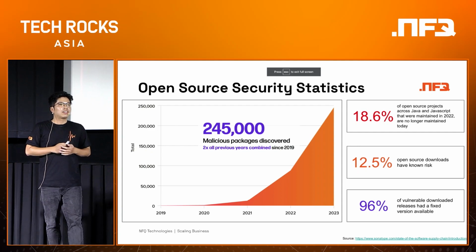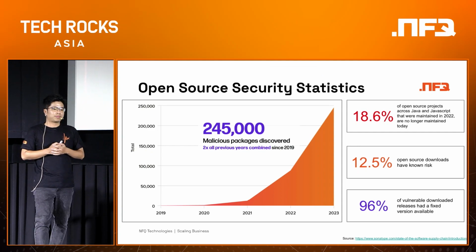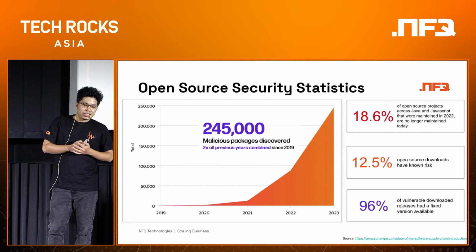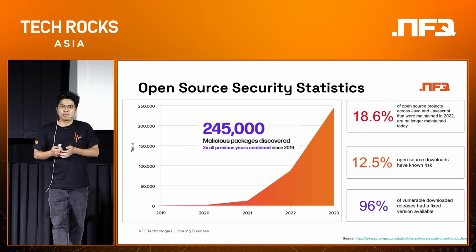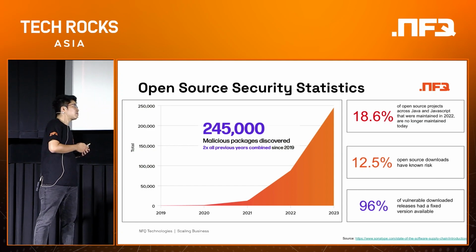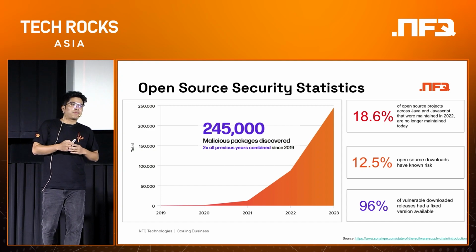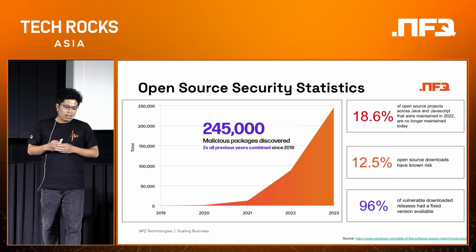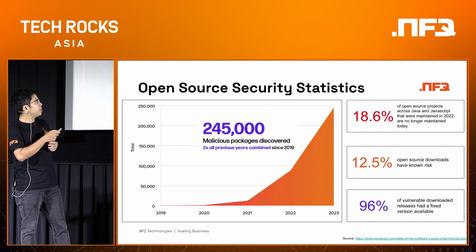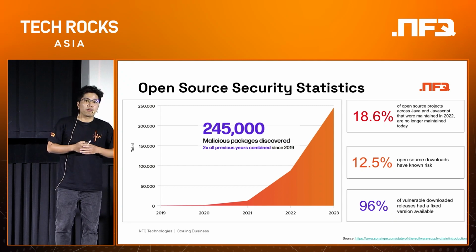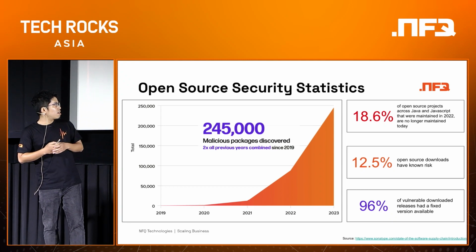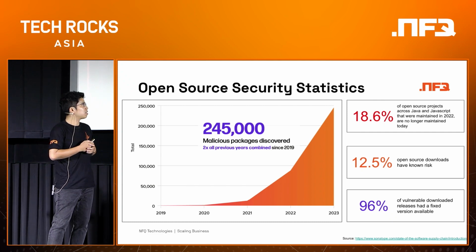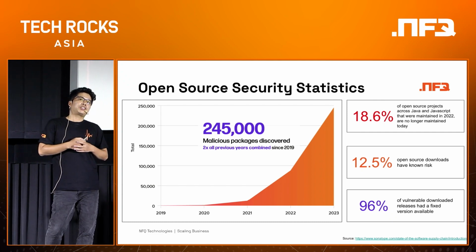Before we start, let's take a look at some numbers. So we all use open source, right? And open source receives updates regularly because the community has access to the source code. However, fast evolution comes with a drawback, as you can see on the screen. Based on a study from Sonatype last year, 245K malicious packages have been found this year.